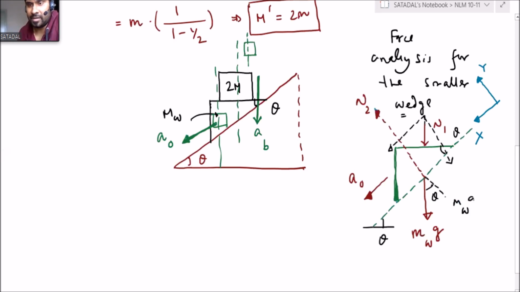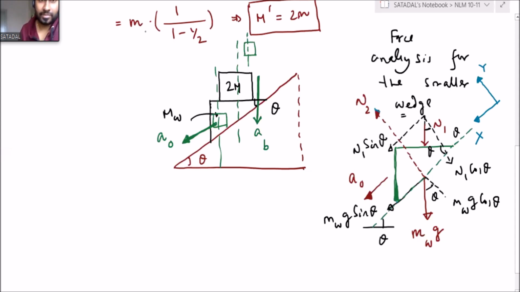So this is M W g cos theta, and in that direction, the component is M W g sin theta. If this is theta, this is also theta, so this is N1 cos theta and this is N1 sin theta. Component division is okay. No doubt, no? Everyone, please respond if it's okay.